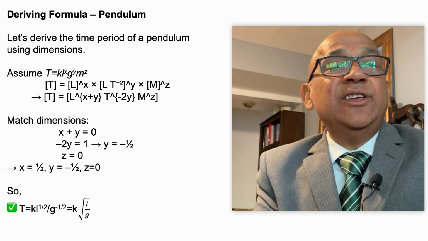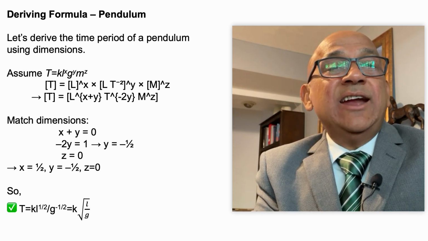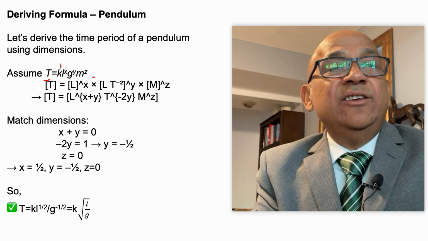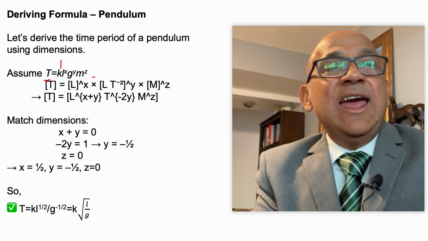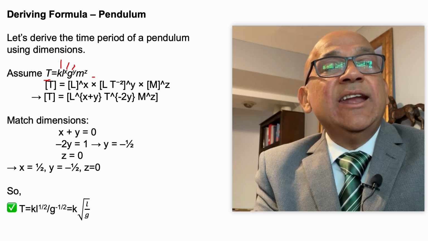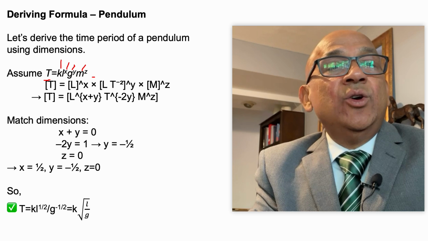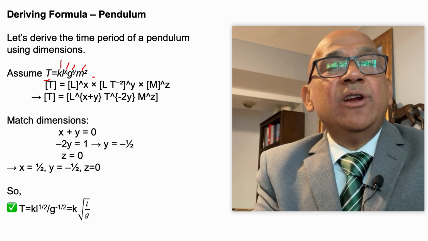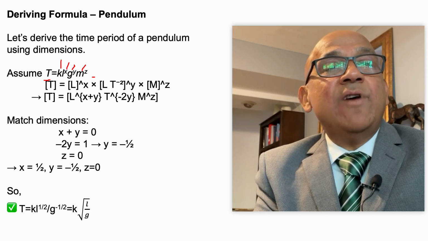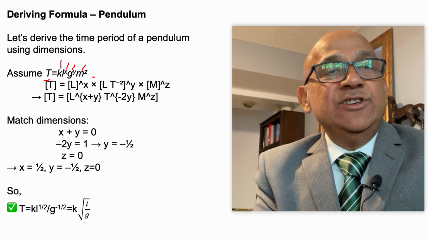For this, the first thing that we will assume is that the time period T is given by the following expression, where k is a constant, L is the length, g is the gravitational acceleration, and m is the mass. So the time period of a pendulum is k times L to the power of x, g to the power of y, and m to the power of z.